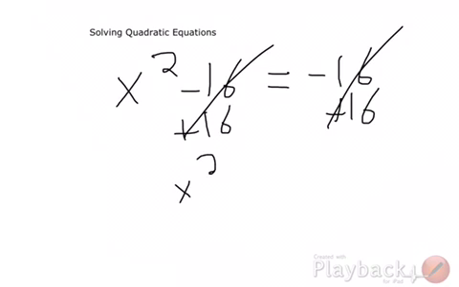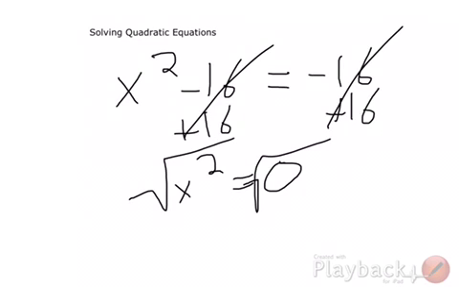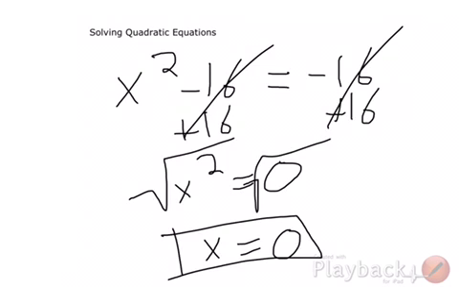We end up with x squared equals 0. If you take the square root of 0, you actually get just 0. Not a positive and a negative 0, because there are no positive and negative zeros. 0 is neutral. It's in the middle. So when you have the square root of 0, you actually have just one solution, one answer.